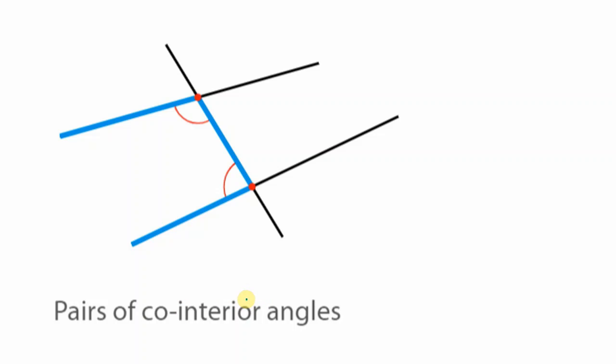There are another pair of co-interior angles. We can look at this U shape here. And then we have these two angles. They are both inside the lines that we need to form the transversal. They are both to the right of the transversal, therefore co-interior angles.